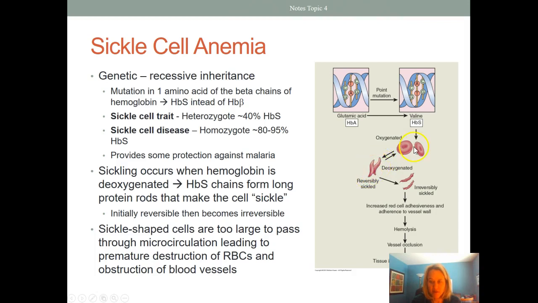At first, this is reversible, and when they get reoxygenated, they can resume normal shape. But over time, they become irreversibly sickled, and this can cause them to have difficulty passing through the microcirculation, and that can lead to premature destruction or hemolysis, blockage of the vessels, and tissue ischemia and infarction.